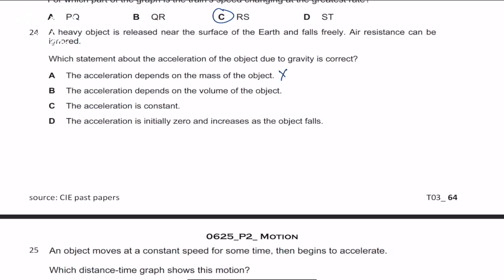No, the acceleration does not depend on the mass. It depends on the attraction force between the gravity and the object. The acceleration depends on the volume of the object, even though the acceleration is constant, yes, which is 10. The acceleration is initially 0 and increased as the object falls. No, actually the speed is initially 0, then increased as the object falls due to the acceleration.